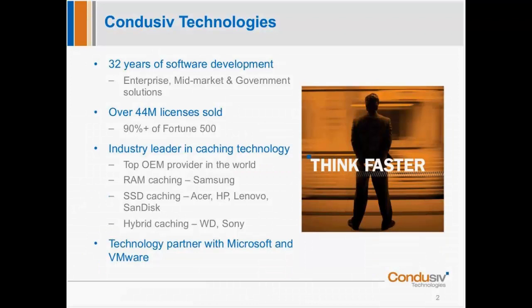And with Microsoft, a very close working relationship with them on the architecture and really part of the heritage of the organization. Moreover, for those that are interested and have offices outside the U.S., we have a global footprint, and so we're able to assist customers throughout the world. So that gives you a little bit of a backdrop about Conducive and who we are. And now I'd like to turn it over to Robert to really set the framework for you on the architecture.